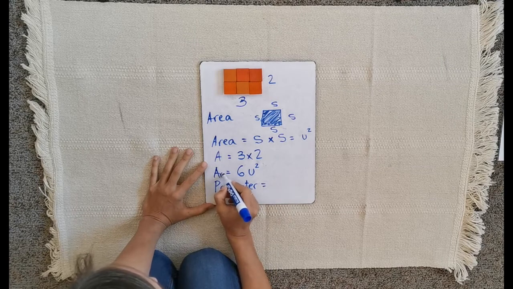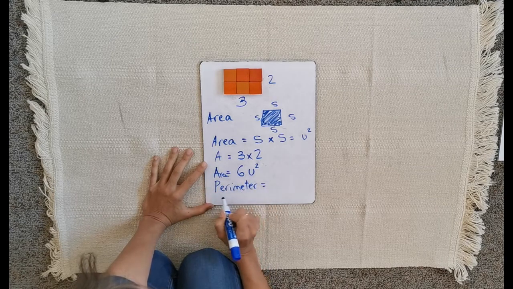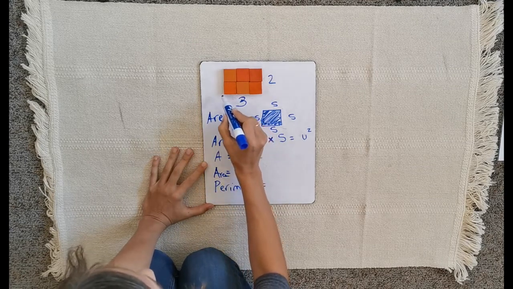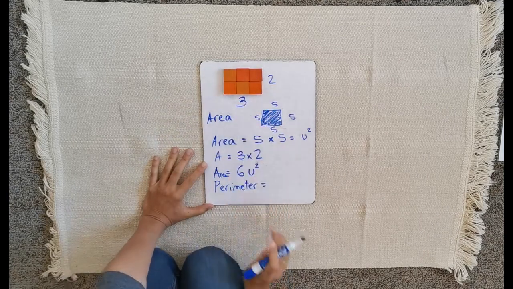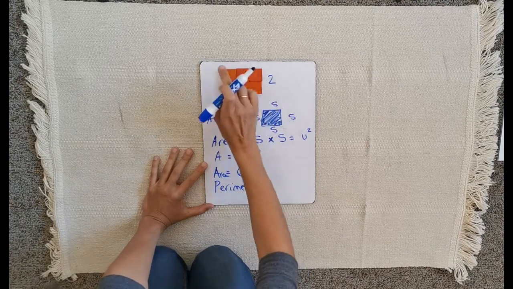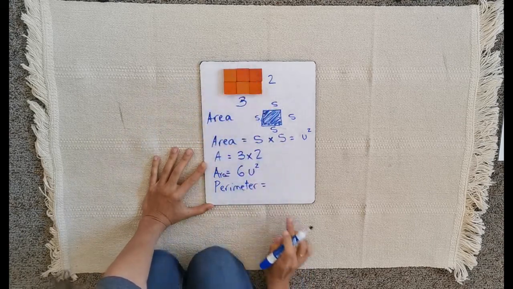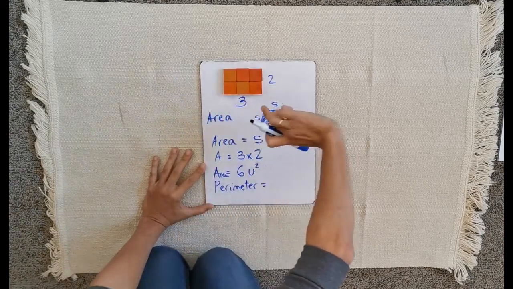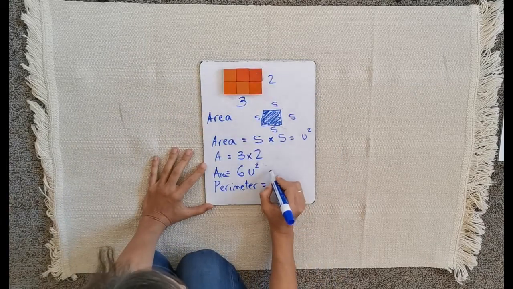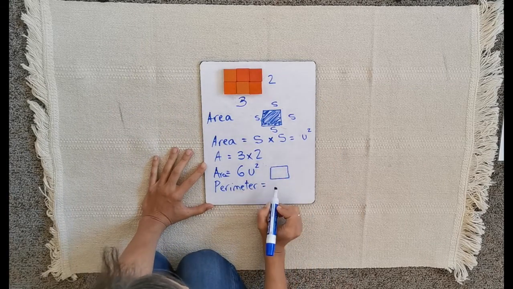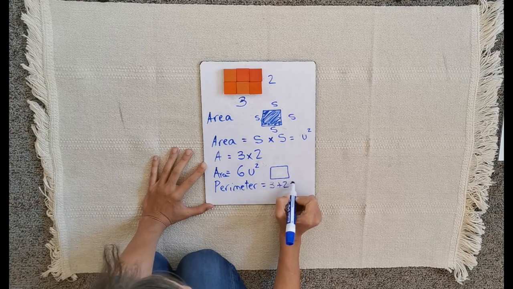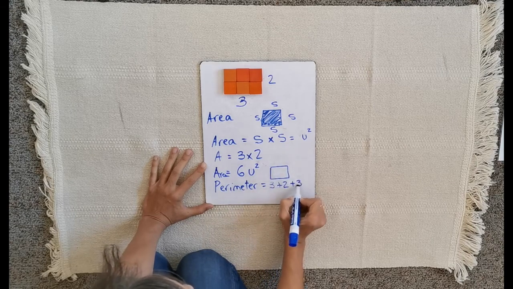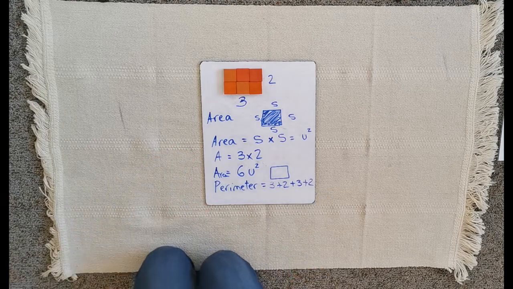The area will be 6 units square. The perimeter, yes, the line around. The perimeter will be 3 plus 2 plus another 3 plus another 2.